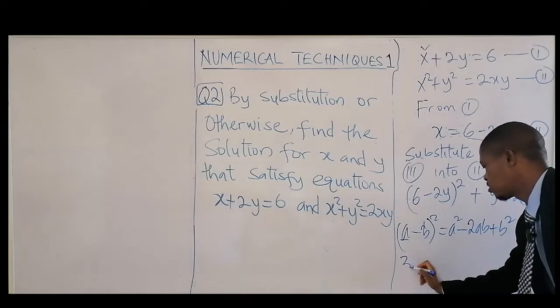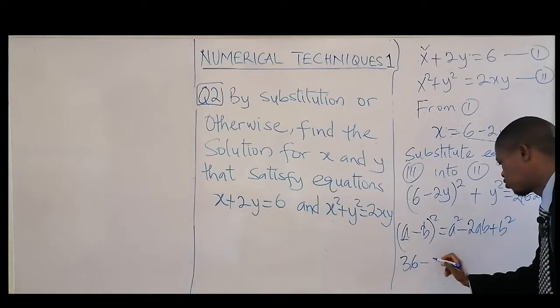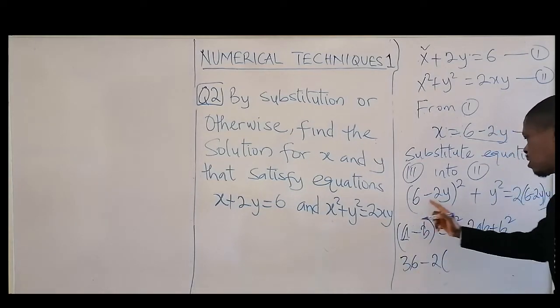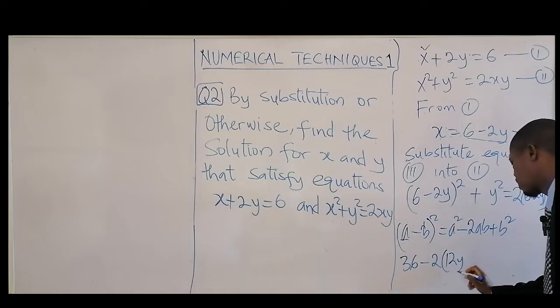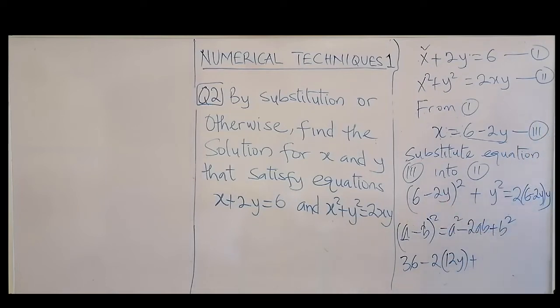This will be equal to what? 36, that's a squared, then minus 2 times 6 times 2y, that's 12y, then plus the last one, 2y squared, that's 4y squared. Then plus y squared equals what? Equal to 2 times y, that's 2y, times 6, that's 12y, and then 2y times minus 4y, that's minus 4y squared.